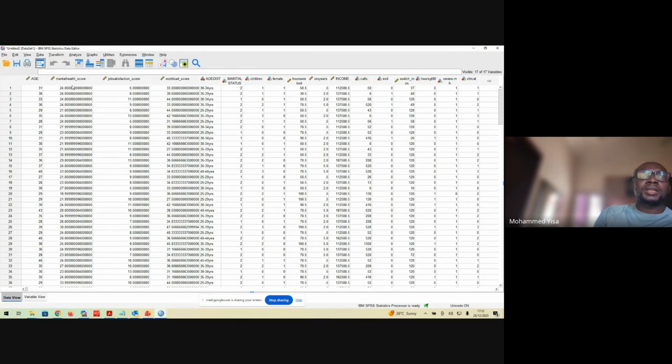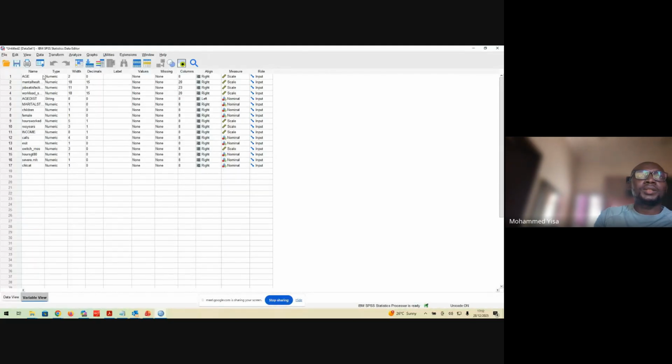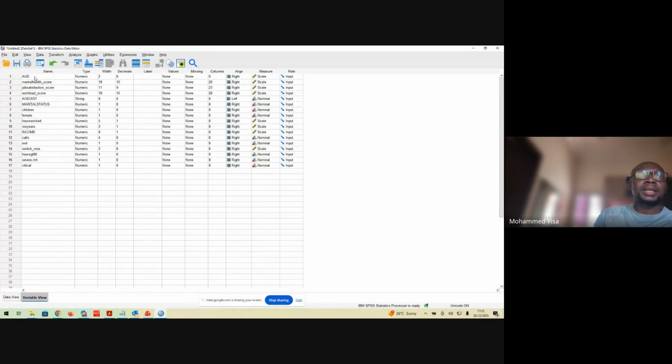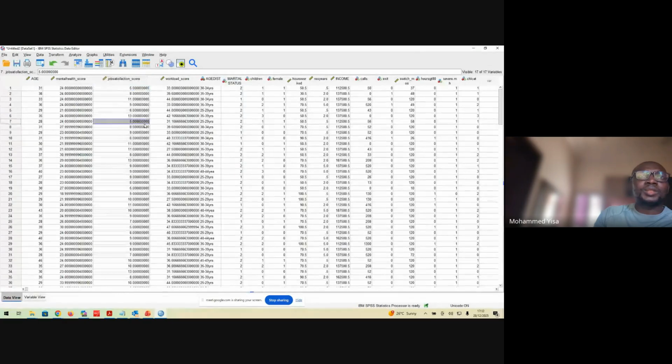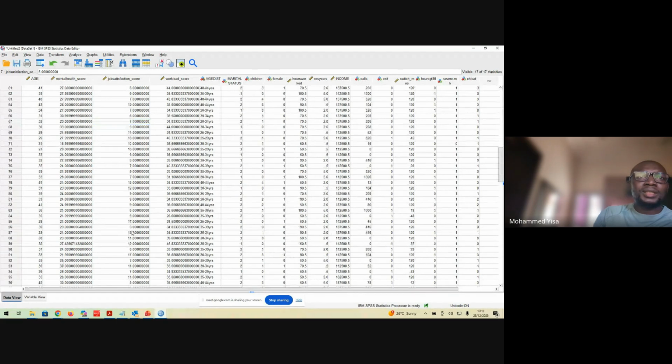So as you can see, there are different scores: mental health score, job satisfaction, workload. We just come to the variable view and we'll see what the variables look like. If you come back to the data view, you see that there are a lot of decimal places. For the workload score, I can see that this actually is a fraction, and maybe the mental health score also takes fractions.